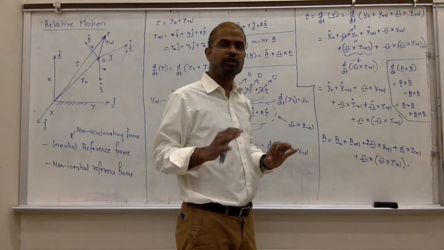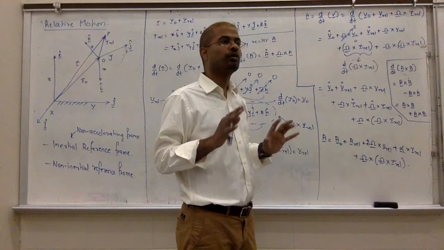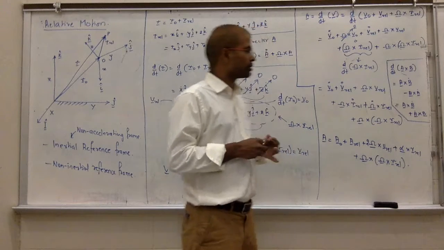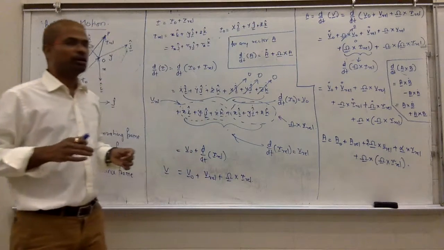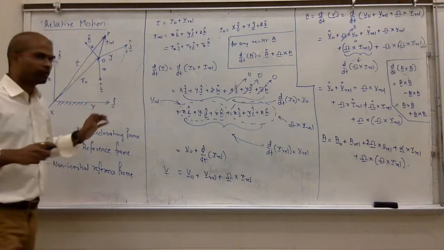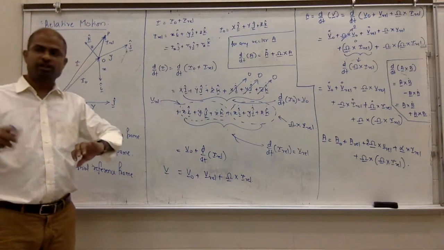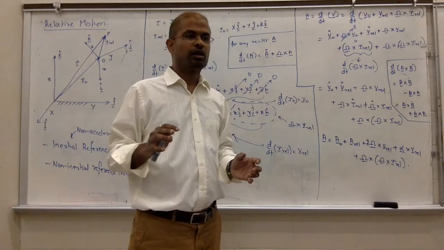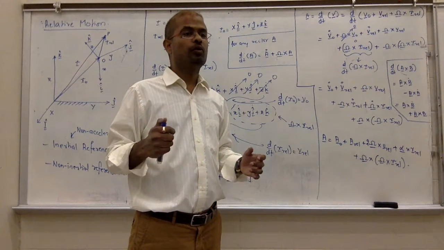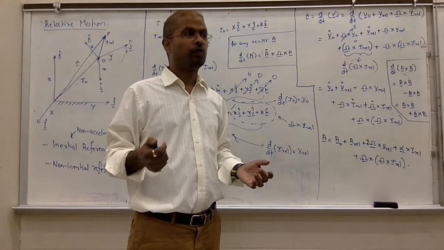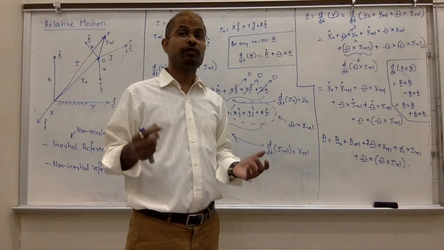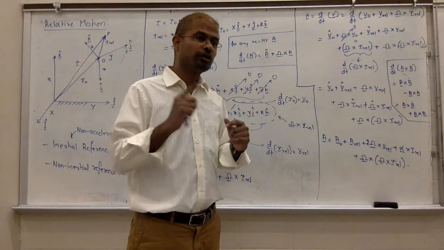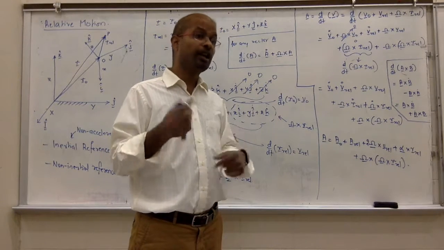Do you get an understanding of relative motion and why it is important for space mechanics? Because when you launch something in space, you want to know where it is, right? You want to know where it is with respect to the Earth, relative to Earth.